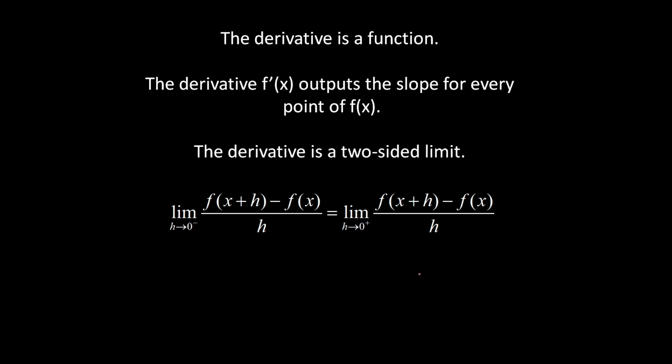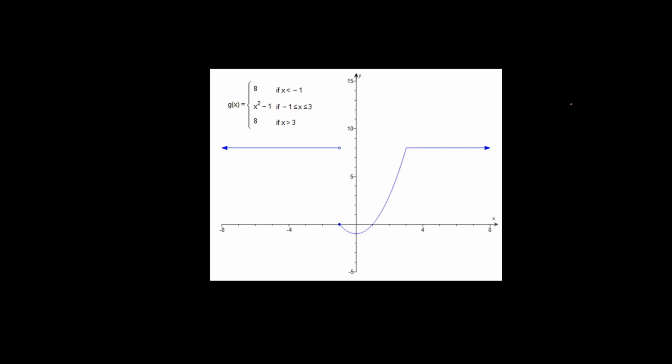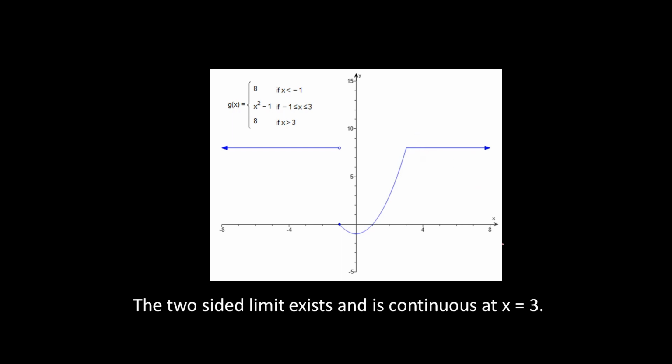And this is important for an example like this one. Let's look at the input of 3 right here. So we're looking at this point right here, this corner. Now at this corner, the two-sided limit exists, and this function is continuous at the corner. It's a solid line all the way through. It's continuous at x equals 3.